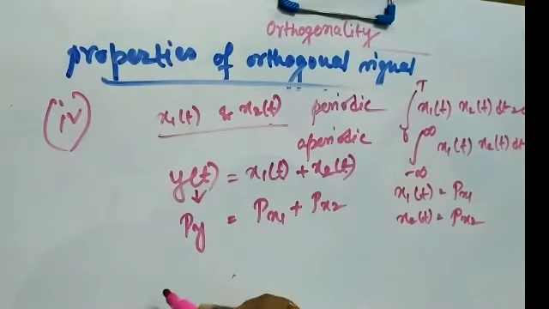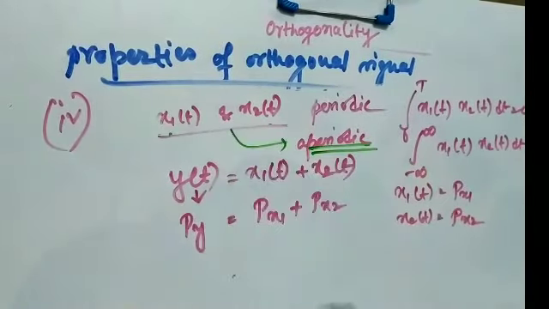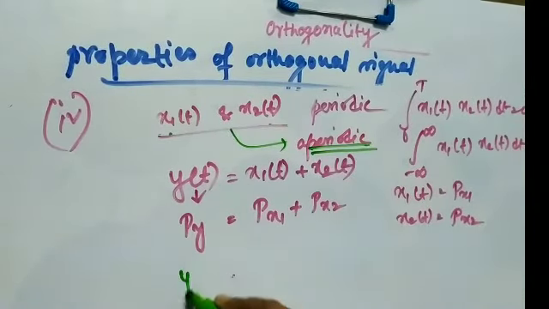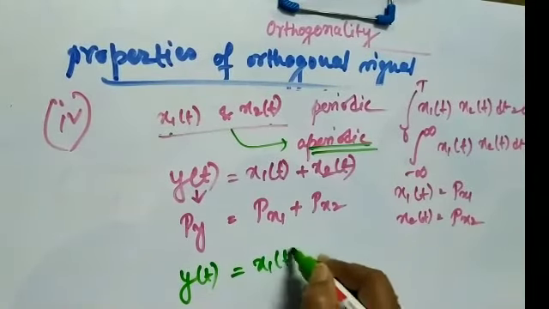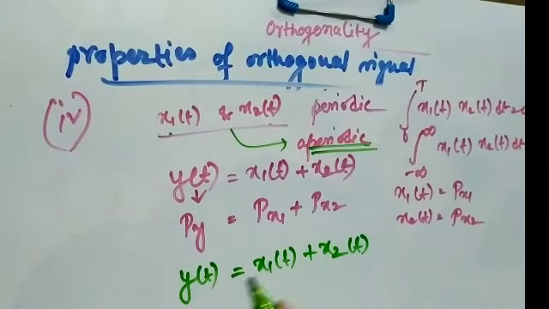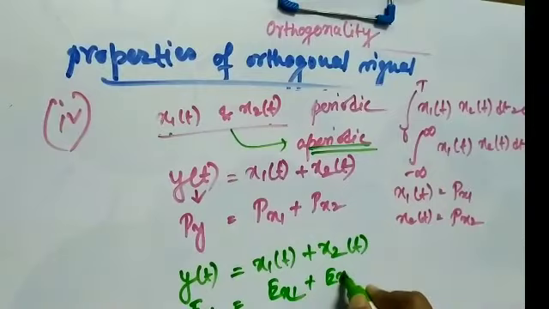So if the x1(t) and x2(t) signals are aperiodic in nature, and y(t) is another signal which is again the summation of x1(t) and x2(t), then the total energy of y(t) must be the total energy of x1(t) plus x2(t).